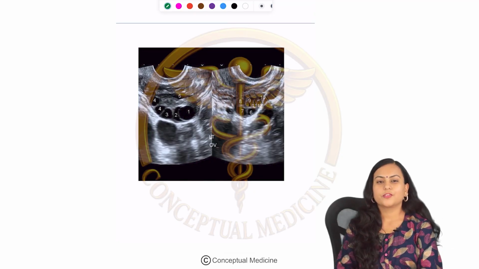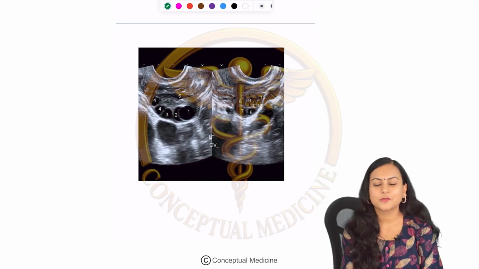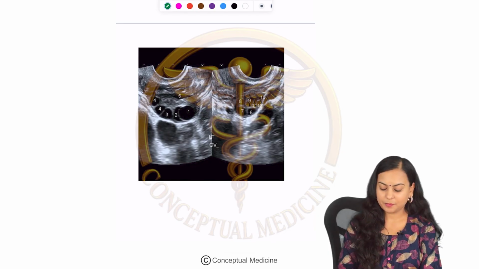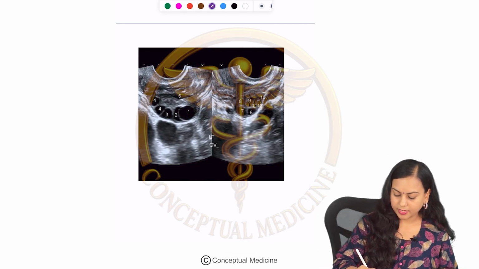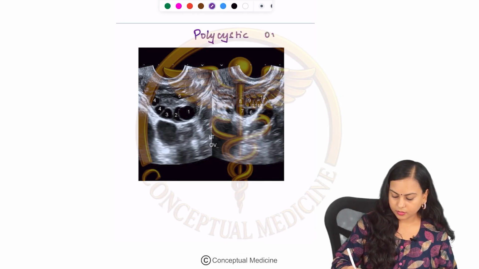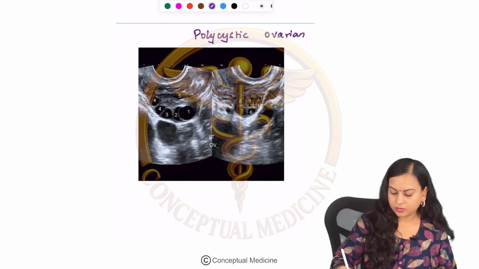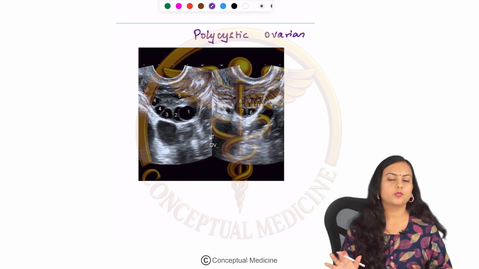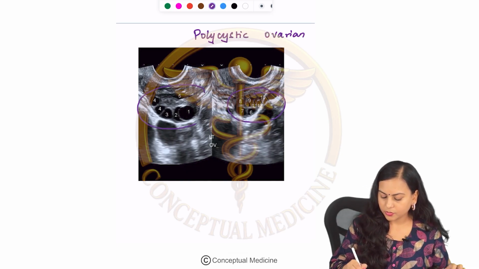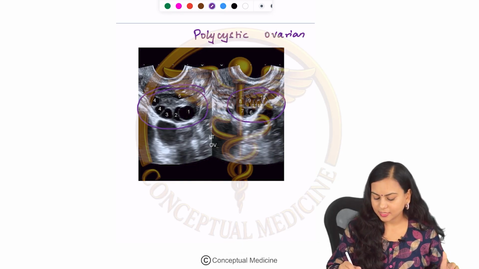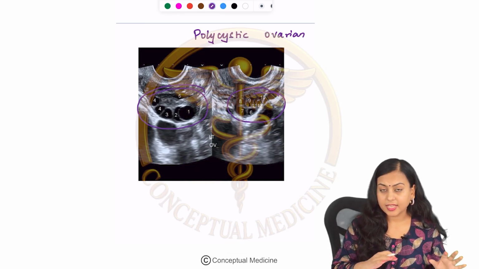I hope you would have all guessed, right? So, what is this? This is a PCOD, polycystic ovarian disease. You are able to see so many cysts in both the ovaries. They have mentioned the number also, like 1 to 10 cysts here, and here 1 to 5 in the anterior region itself.